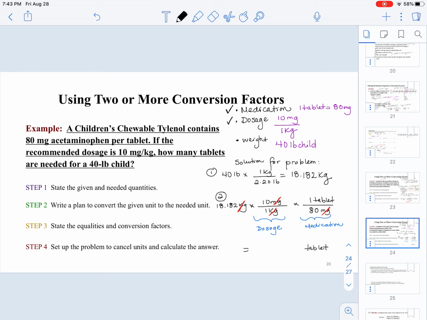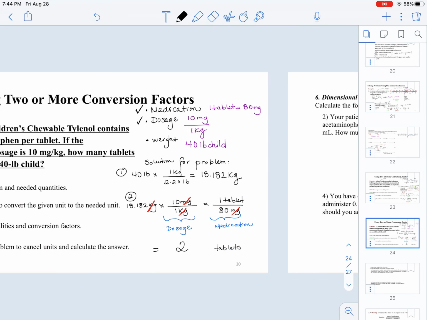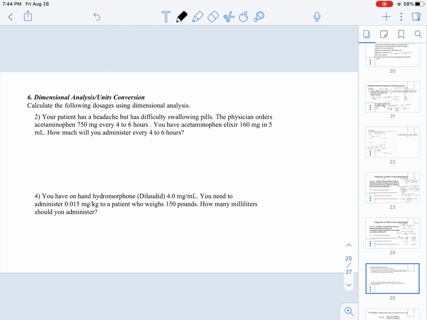In this case, we are going to keep it as a whole number, so our final answer is 2 tablets. When it comes to clinical problems, I will say how many sig figs I want reported in the answer. As you can see here, we have 2 problems that you can use in order to practice.